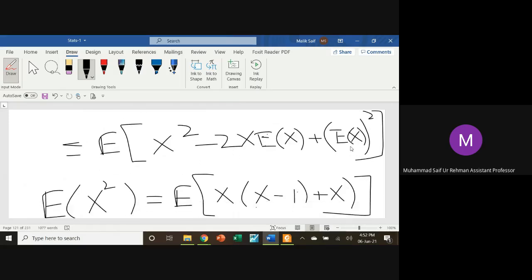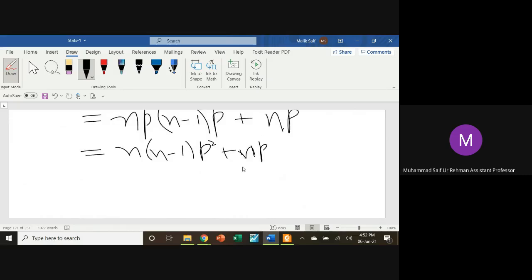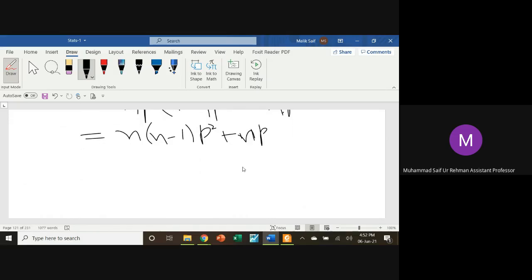And for the remaining terms, let us see for this term E(x) whole square. E(x) is equal to np, so when you take the square it will become n square p square. And then there are other terms involved in between. So this will be equal to minus n square p square, and several other terms are there in between.